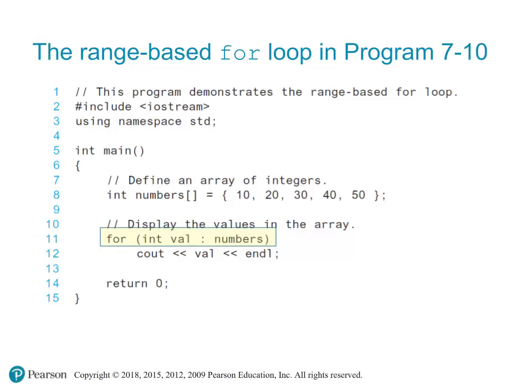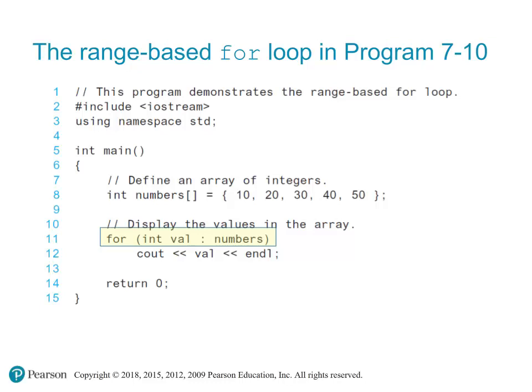Here, if you use auto, it infers the type of elements in the array, so you don't have to specify it. In the slide, it is specified as int, but you can also use auto, so the compiler will look at the array and specify it for you.